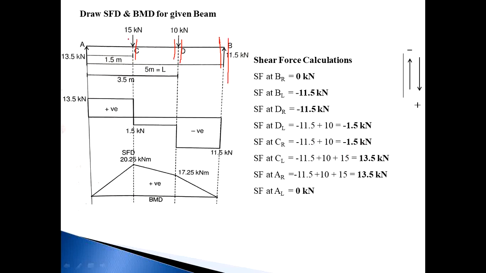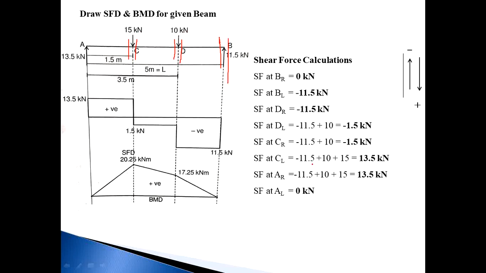Then next consider C left, and once again consider the right side. The total forces on the right side of this section are RB, 10 kilonewton and 15 kilonewton. So the RB value is minus 11.5 because the force is going in an upward direction, and 10 and 15 are positive because they are going in a downward direction.